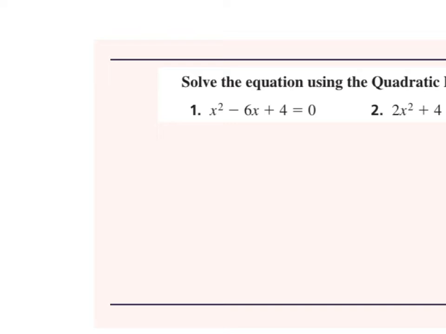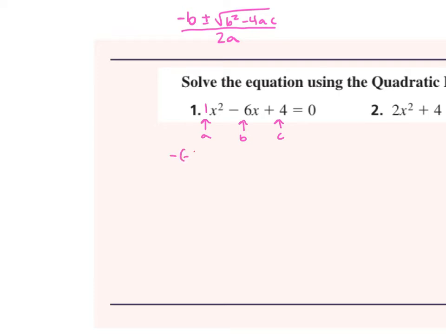So our quadratic formula, negative b plus or minus the square root of b squared minus 4ac over 2 times a. So our a is 1, our b is negative 6, and our c is 4. We plug everything in.